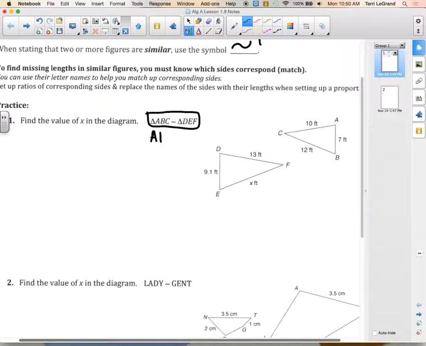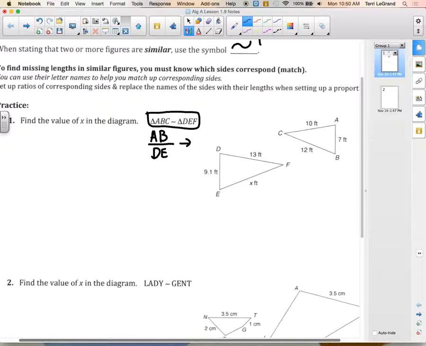Okay, AB corresponds with DE, so we're going to set it up in a ratio. We could have AB over DE. We could have them being compared to each other. Let's set up even their numerical values now in place of them.